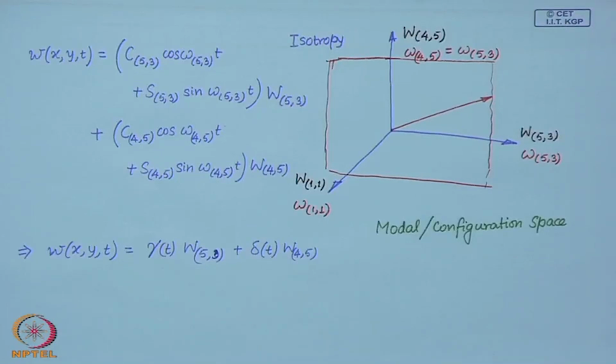So, what is going to happen is, you are going to see a combination of these two modes appearing in the vibrations of the membrane, and it may appear that the membrane is vibrating in an unsteady manner, because it might be switching from possibly this mode to this mode, or through a combination of these two modes.